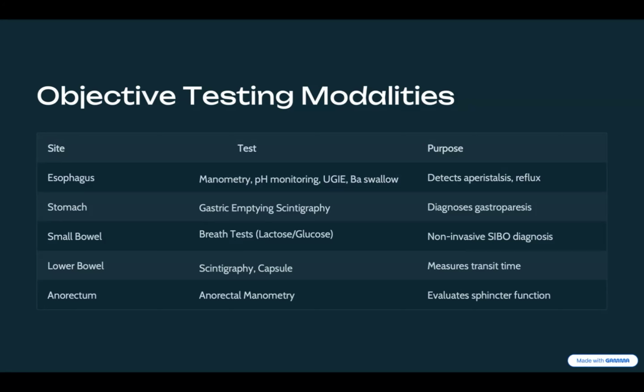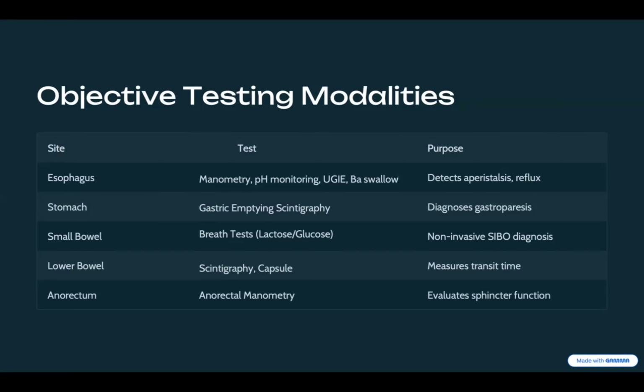This barium swallow also helps you to identify some of the ulcers and strictures. Even esophageal reflux can be picked up in a barium swallow to some extent. So upper GI endoscopy, barium swallow, and high resolution esophageal manometry with pH monitoring for looking at the problem with the peristalsis and the lower esophageal tone abnormalities.